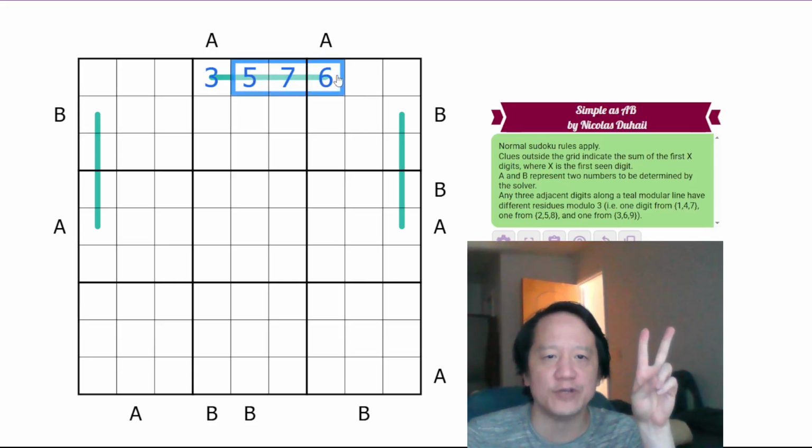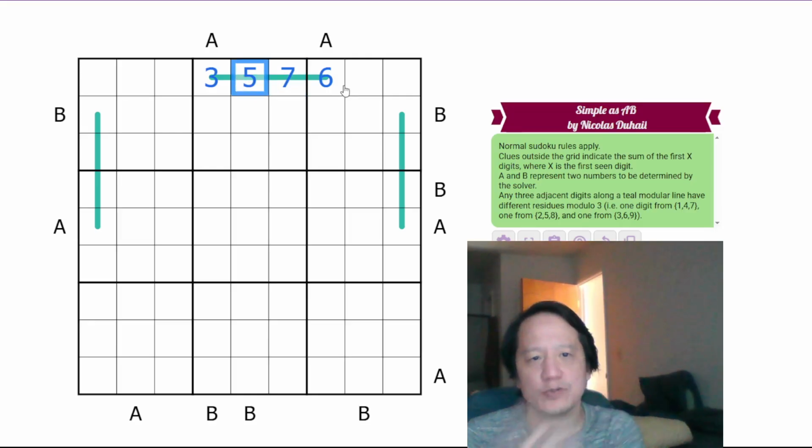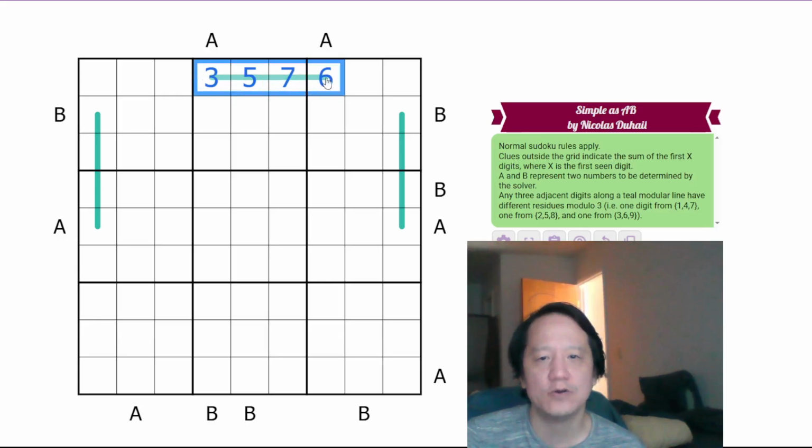In this set of 3 adjacent digits, we have one digit that is 0 mod 3, the 6, one that's 1 mod 3, the 7, and one that is 2 mod 3, the 5. So that's an example of how modular lines work.